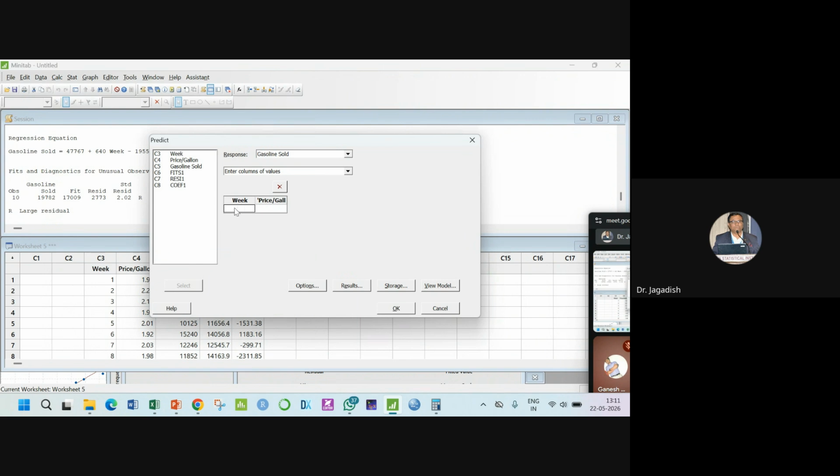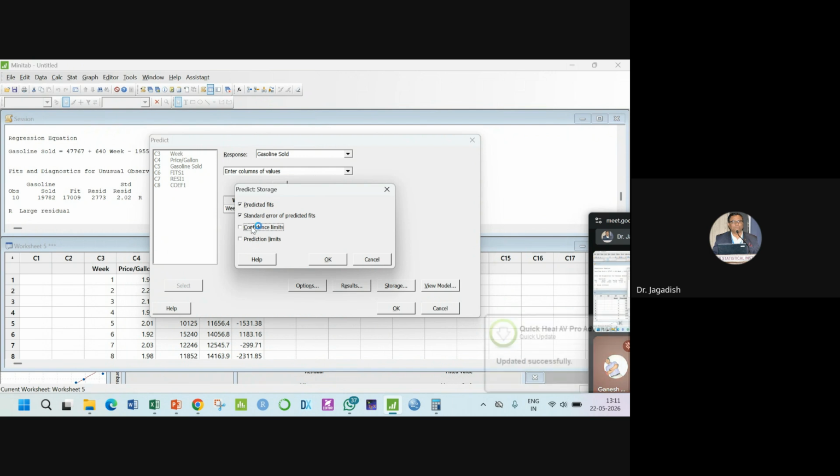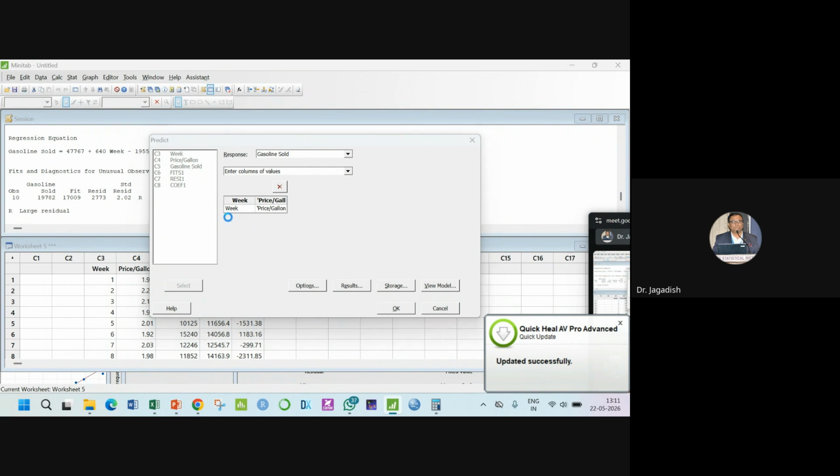I want to predict both. You can give the week, okay, and the price also. According to this week and price, predict the value. Store the predicted value and standard error. I don't want the confidence interval. You can choose a confidence or prediction interval also, but I don't want it for the time being. It is not required, so say okay.